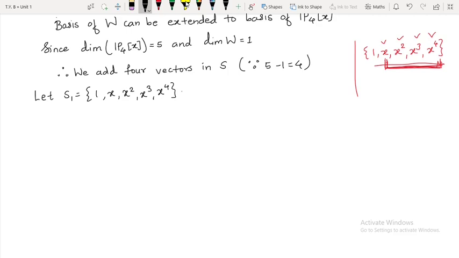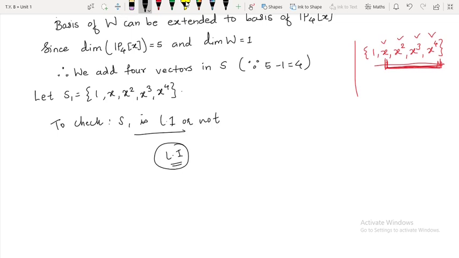So now clearly it is a basis of P4 of x. Otherwise, if we are not sure whether it is a basis or not, then I will write here: check whether S1 is linearly independent or not. If it comes out to be linearly independent, then we can use the theorem.